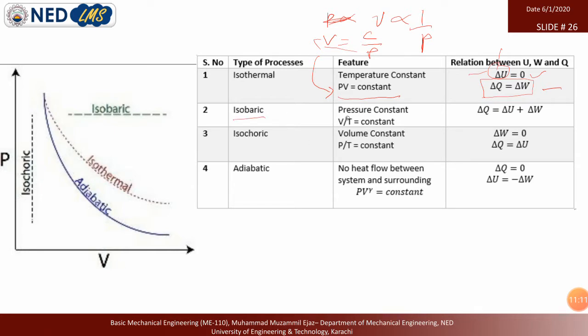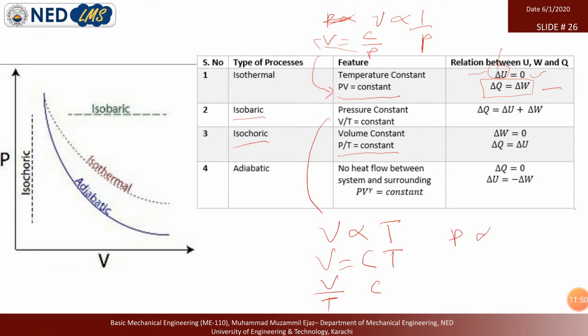Isobaric process. In isobaric process, pressure is constant, and volume is directly proportional to temperature, and when we remove the proportionality, we have to put some constant C, and then constant is equal to V upon T. Okay, then in isochoric process, the volume is constant, P upon T is constant.